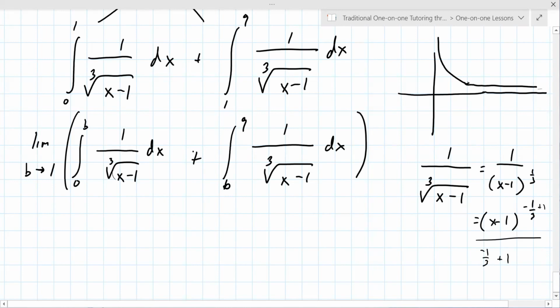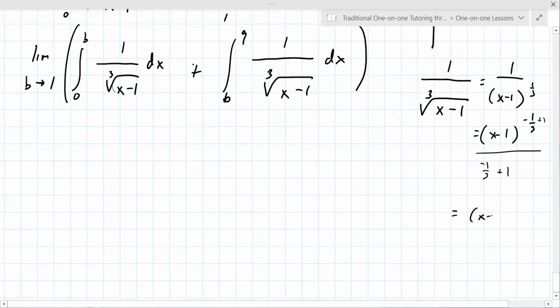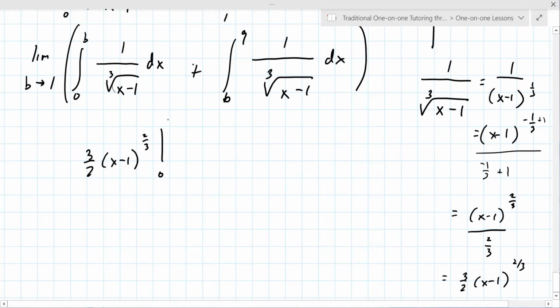It becomes x minus 1 to the 2/3 over 2/3, but then you flip it. So this becomes 3/2 times x minus 1 to the 2/3 power, evaluated from 0 to b.